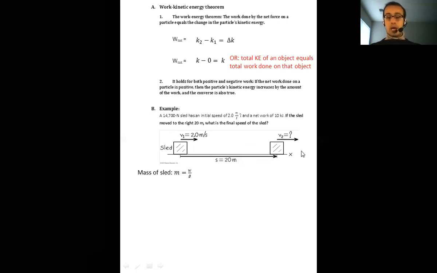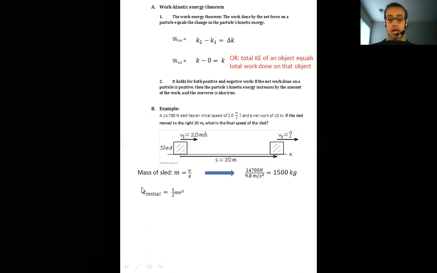So first thing we want to do is that we're actually given the weight of the sled, and we want to find the mass because kinetic energy is dependent on mass. So m in this case is equal to the weight over the acceleration due to gravity. Assuming that this takes place on planet Earth, we can say that that's 14,700 newtons over 9.8 meters per second squared. The mass of the sled is 1,500 kilograms.